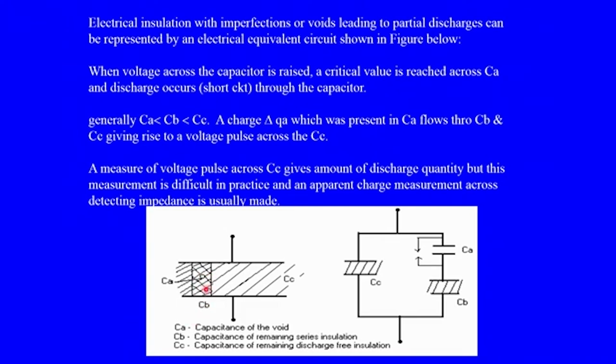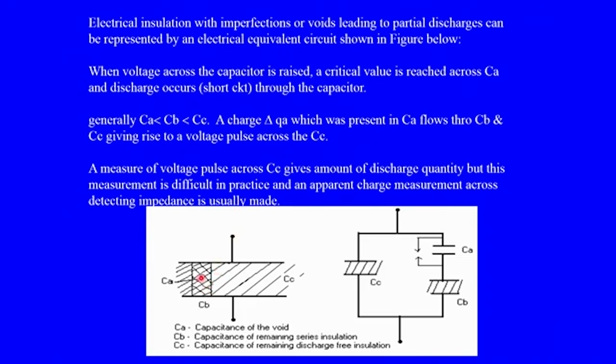Generally, CA, the capacitance of the void, is less than the capacitance surrounding the void, CB, which would be less than the capacitance of the entire series insulation.